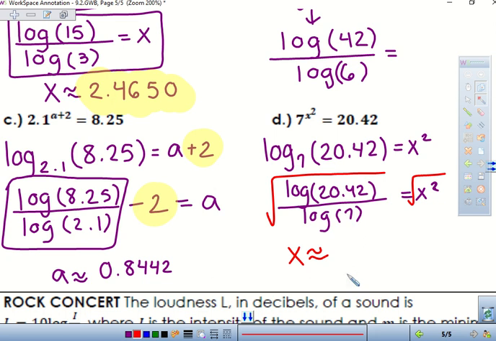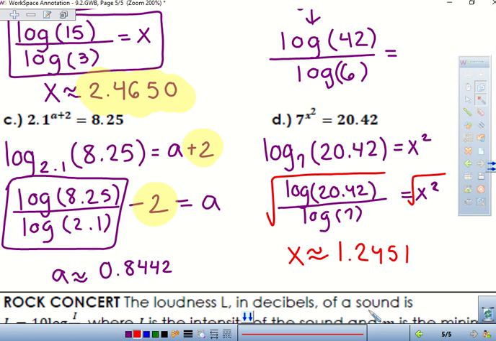In your calculator, clear it out. Do you see where it says x squared, towards the middle? If you hit second on that button, you should get a square root. Once you have that, you can hit log of 20.42, close the parenthesis, divided by log 7. When you close the parenthesis, you have to close it once and then twice for the root. If you do it correctly, you should get about 1.2451.